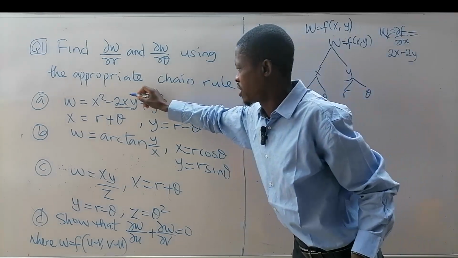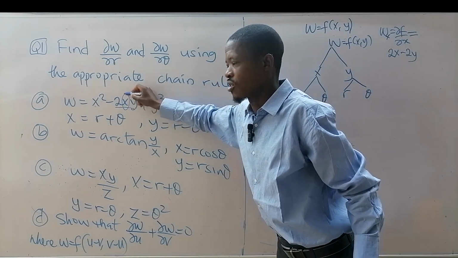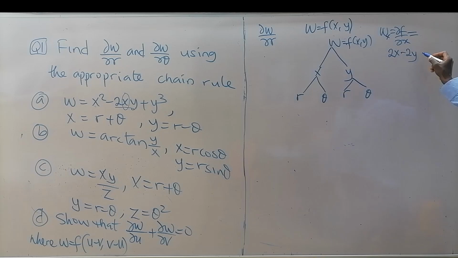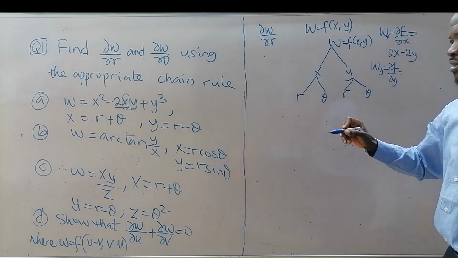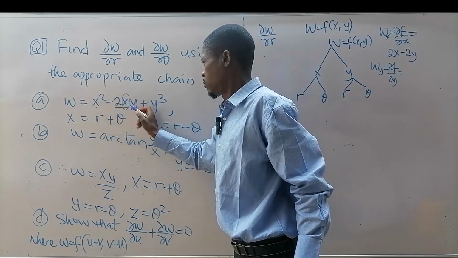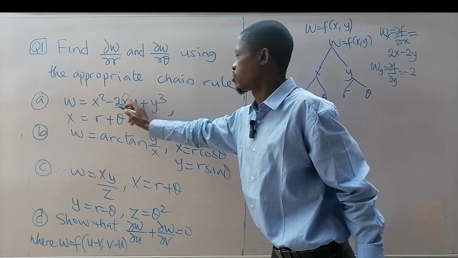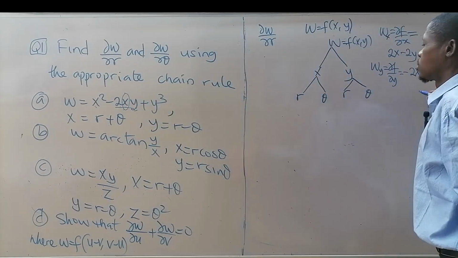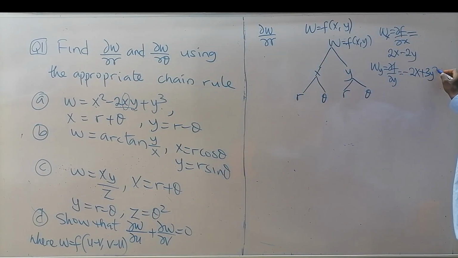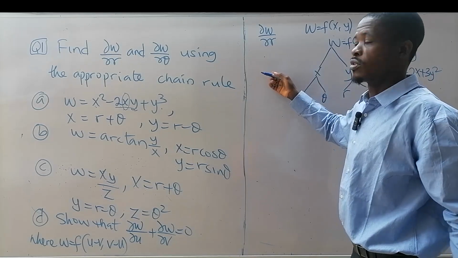You are only differentiating this one, all the rest are constants, and then plus 0. Then we can also get ∂f/∂y. With respect to y, this will be 0. This one you are only differentiating y, you have minus 2x plus 3y squared.